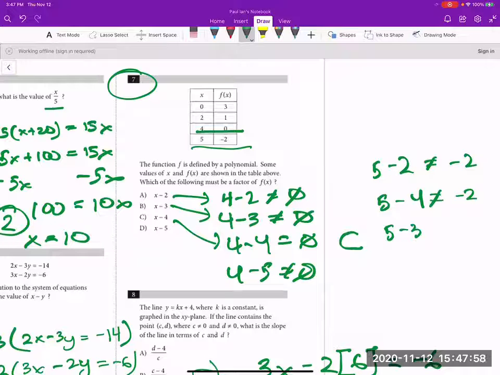Yeah, this one was a little confusing at first. Oh, I see. Oh, I see what it's saying.